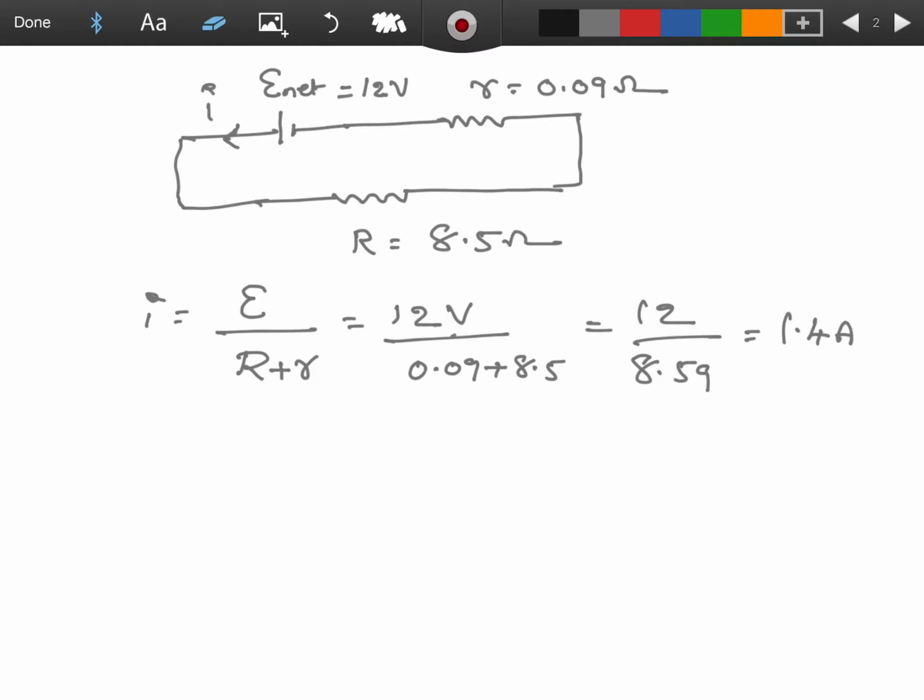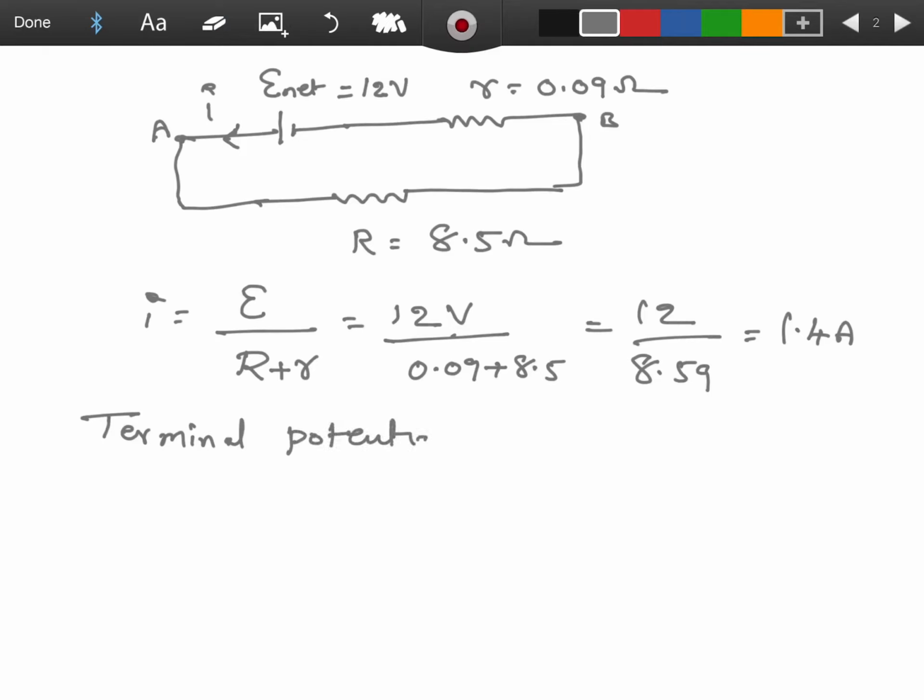Now, terminal voltage. The voltage between A and B is called the terminal voltage of the battery, or terminal potential difference.